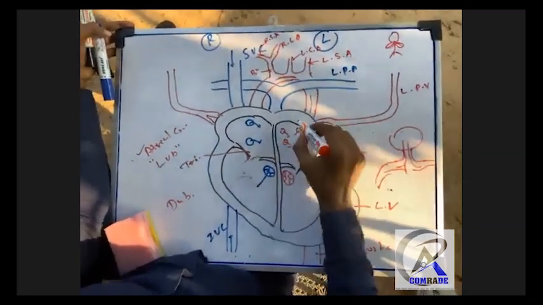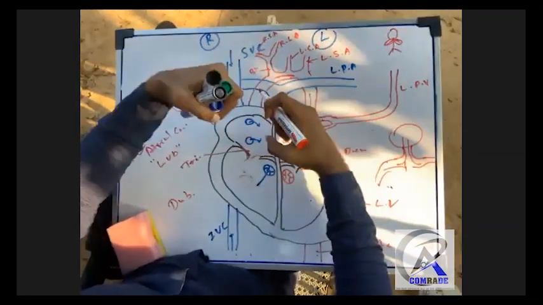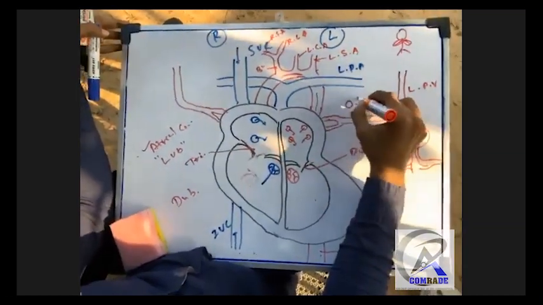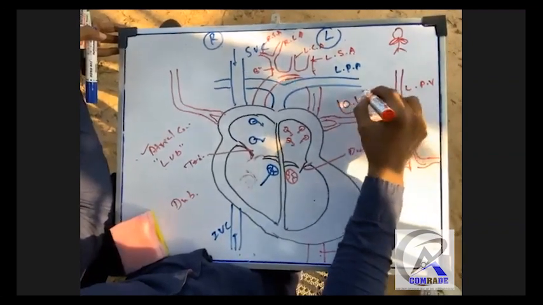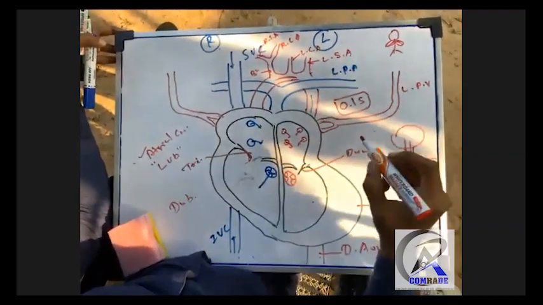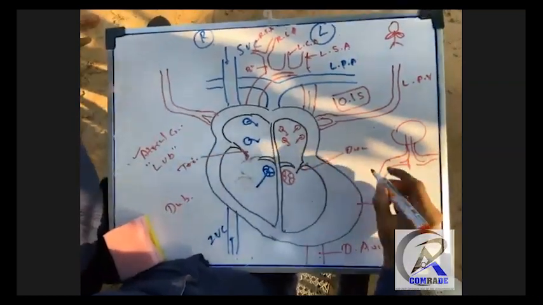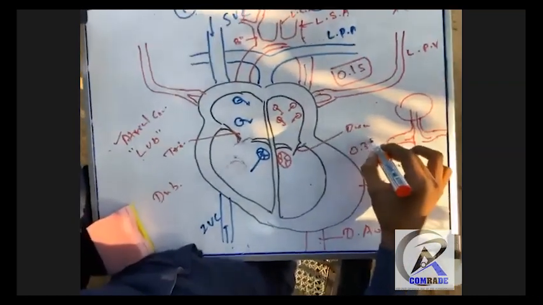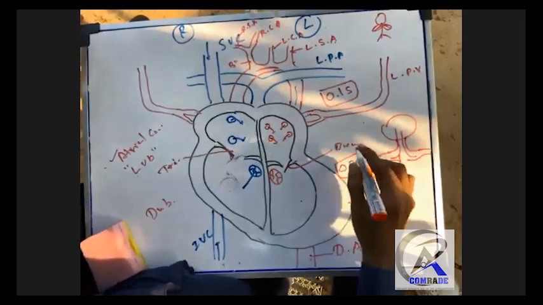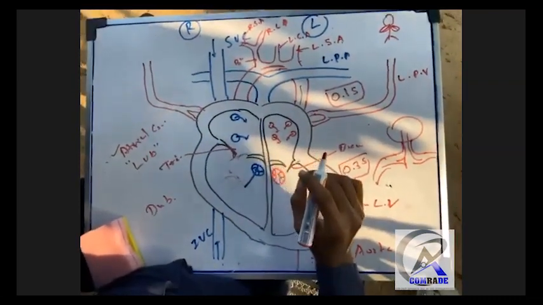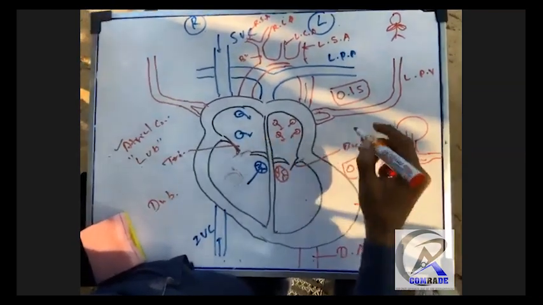For atrial contraction at the top chambers, it takes 0.1 second. And for ventricular contraction, it takes 0.3 seconds. After that, the heart needs a rest, right?